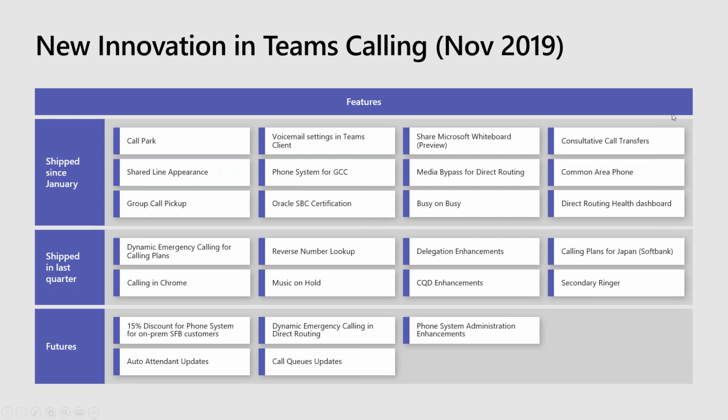But I'm going to highlight some of the important ones, for example, consultative transfers, which is a highly requested feature. That means before we transfer a call to someone else, we are first going to call this person and ask, can you take this call, because you are the subject matter expert, for example, and I can pass you through.